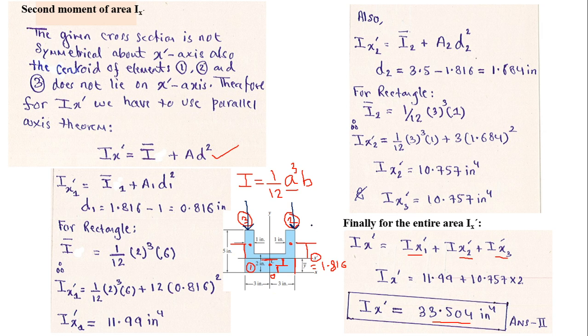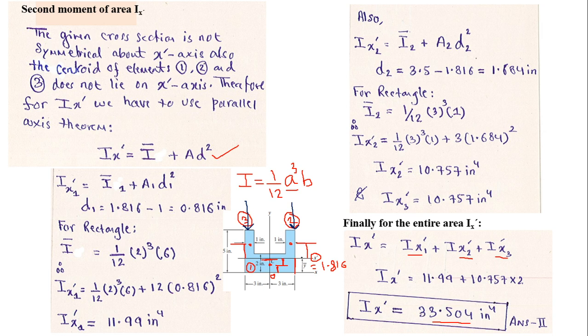In that case the second moment of area will be 33.504, so less resistance will be offered by this cross section in case of bending about the x dash axis.